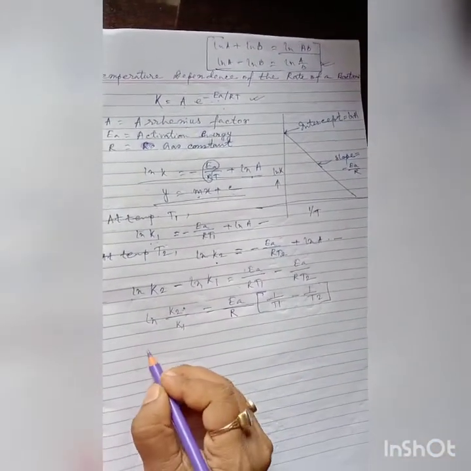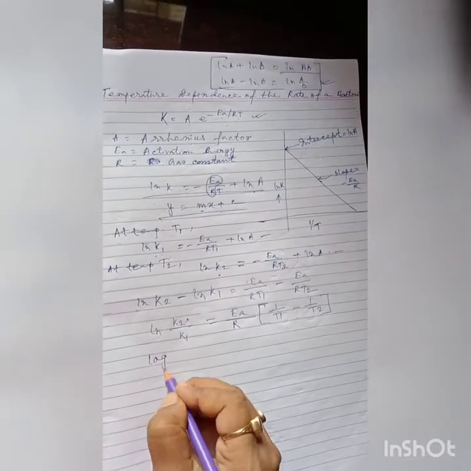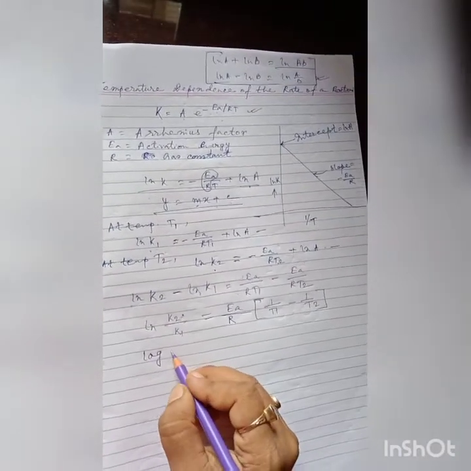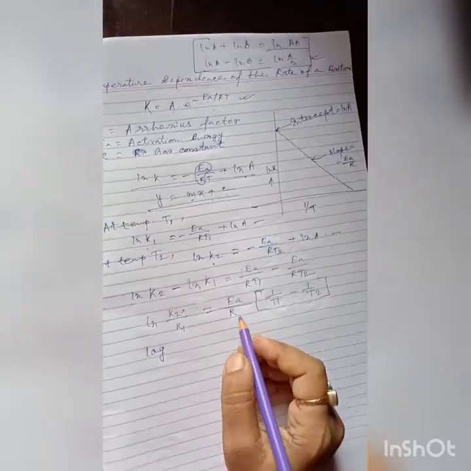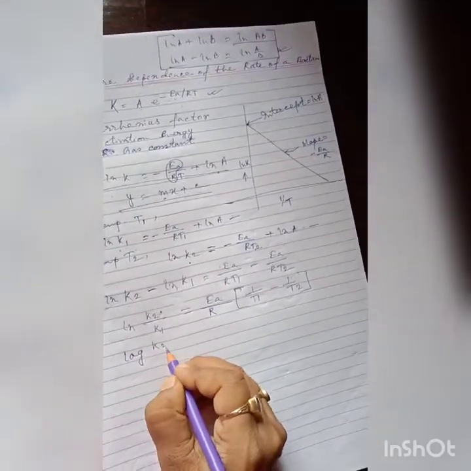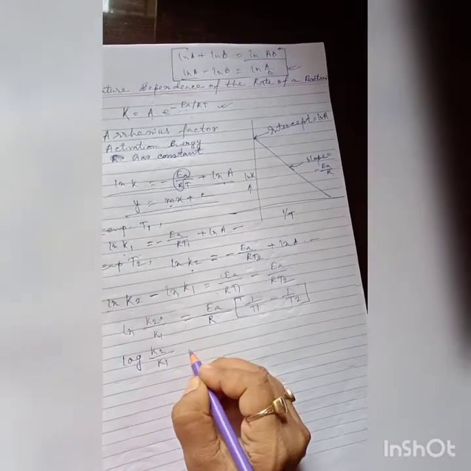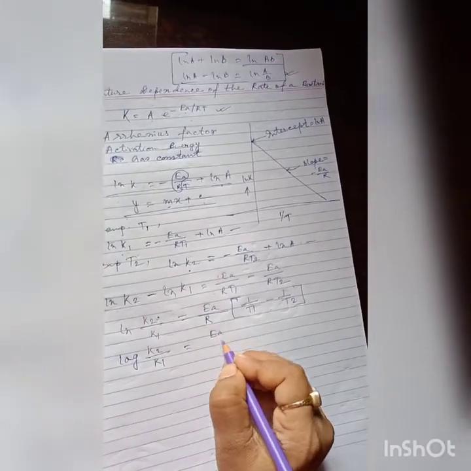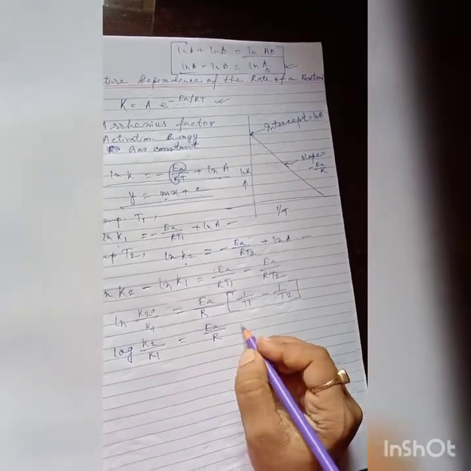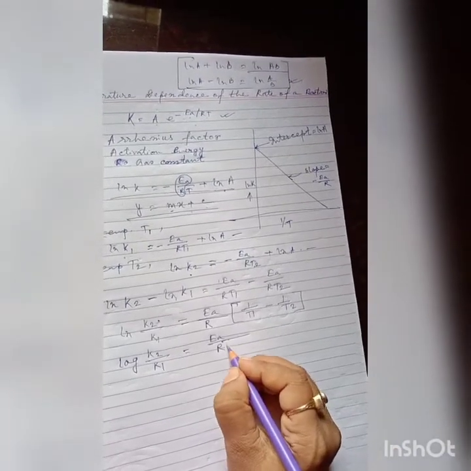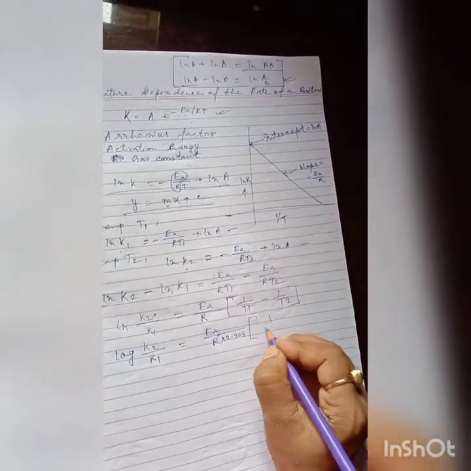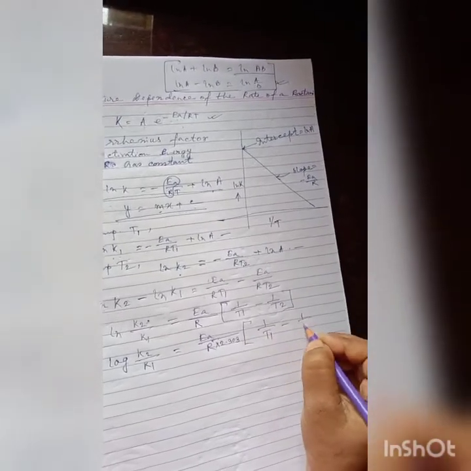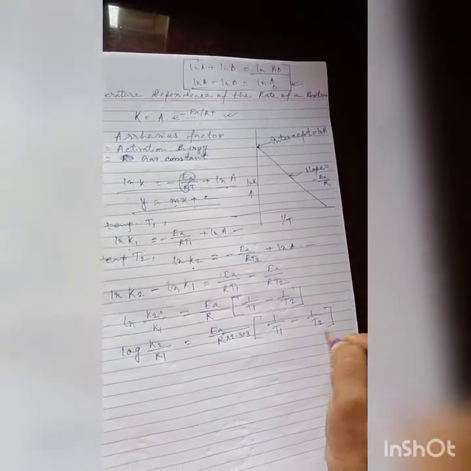Now when we take log in place of ln, we have to divide by 2.303. So log k2 by k1 equals Ea by 2.303 R into 1 by T1 minus 1 by T2.